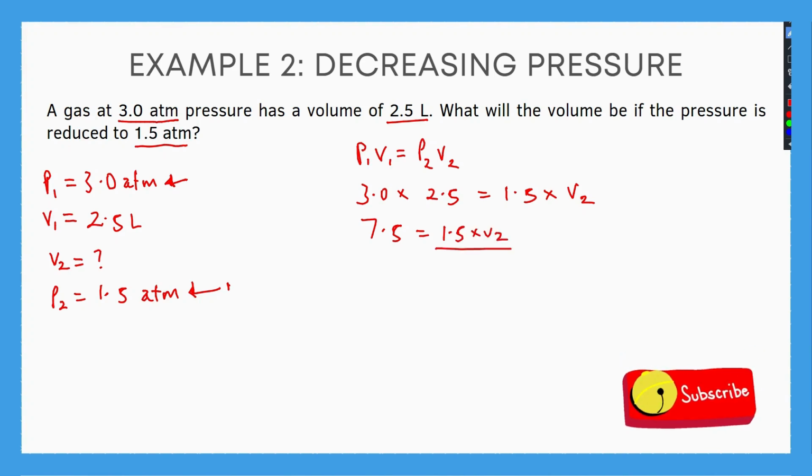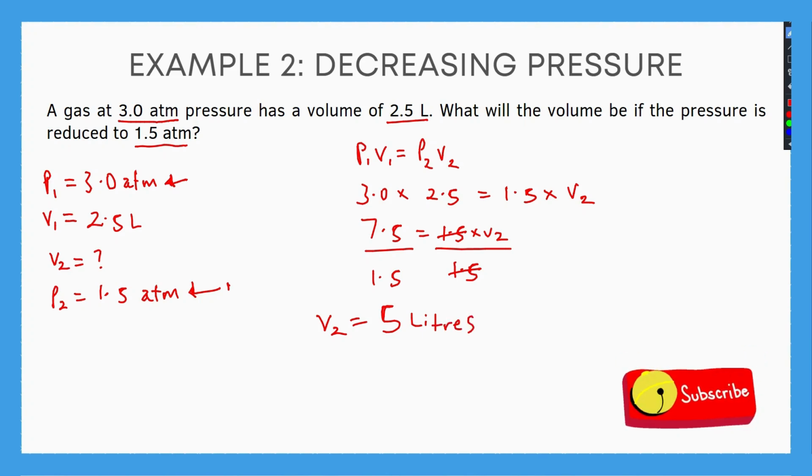So to get V2, we just divide both sides by the coefficient, which is 1.5. So over here, 1.5 cancels 1.5. V2 is now equal to 7.5 divided by 1.5. 7.5 divided by 1.5 gives us 5 liters.